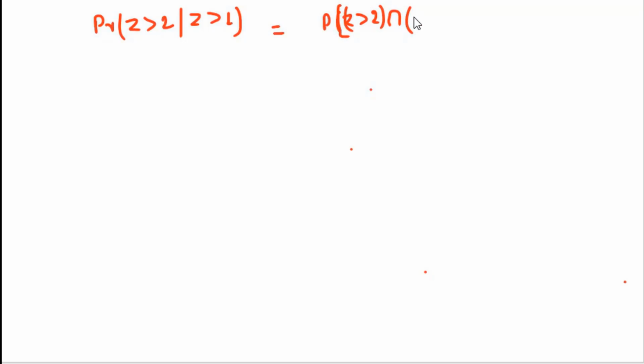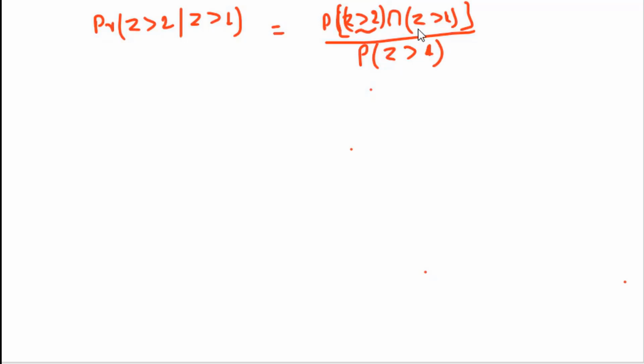So in the question, you need to find out the probability of z greater than 2 given that z is greater than 1. By the definition of conditional probability, this is P of z greater than 2 intersection z greater than 1, divided by probability z greater than 1.